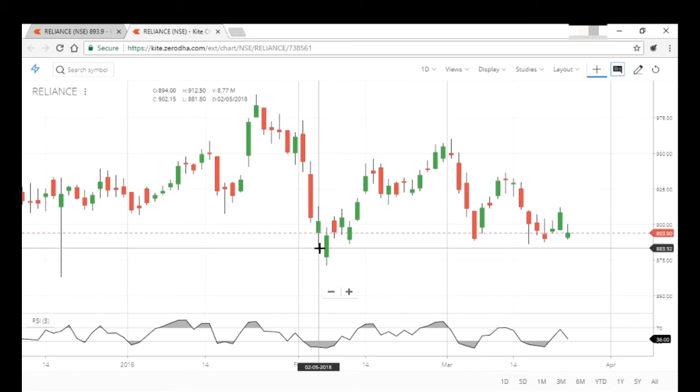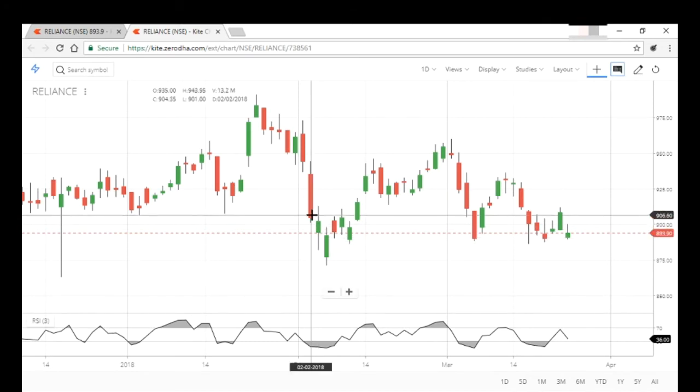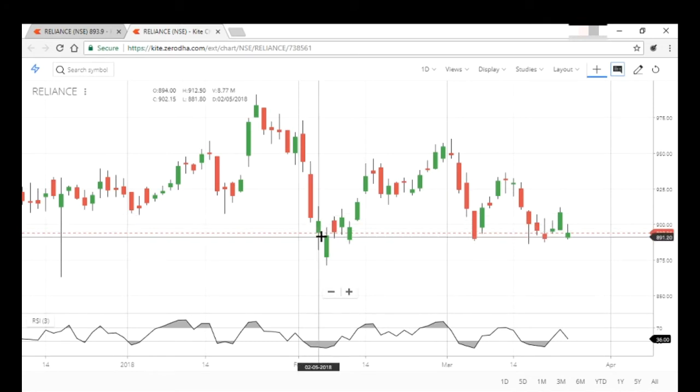It started going down, and what happened is bulls rejected the price, that no, this is a gap down. In the pre-market, so many people have sold this stock. So many people were thinking that the stock may be weak and going to go more down.